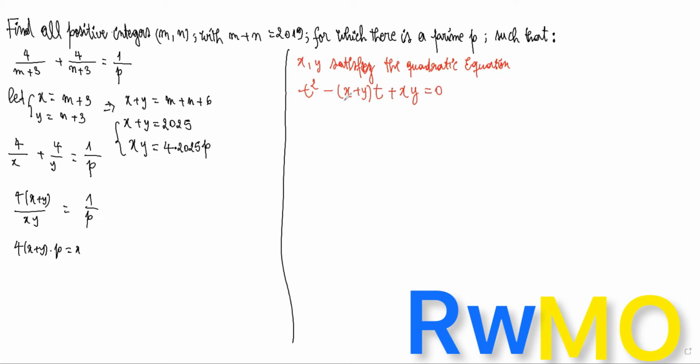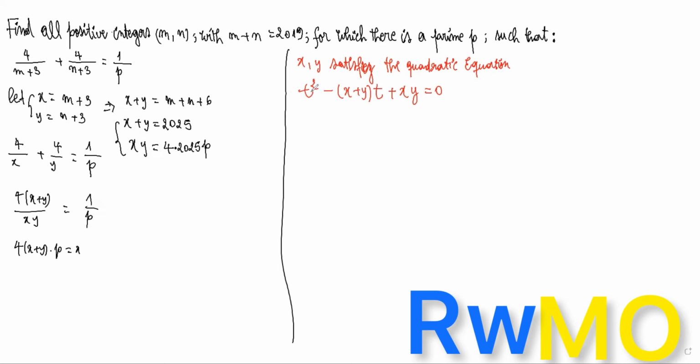And that is true by Vieta's relation, which says that any quadratic polynomial can be expressed in terms of the sum and product of its roots. So in this case, we have the sum of x and y and the product of x and y, so x and y satisfy this quadratic equation.